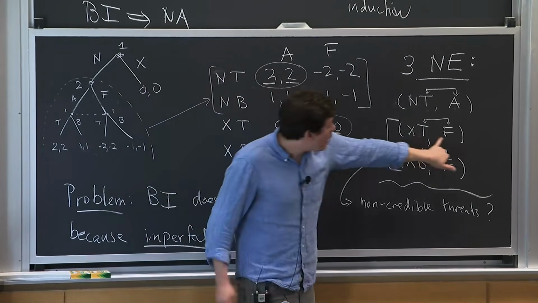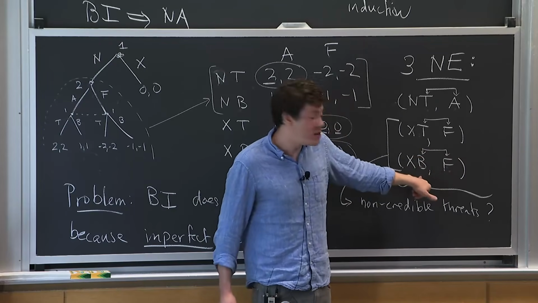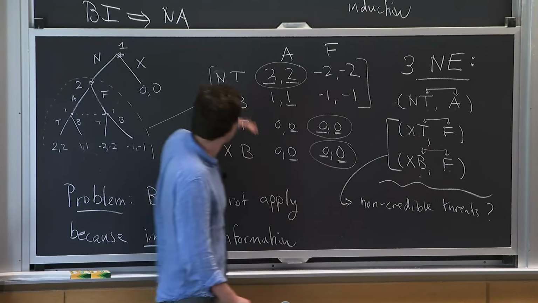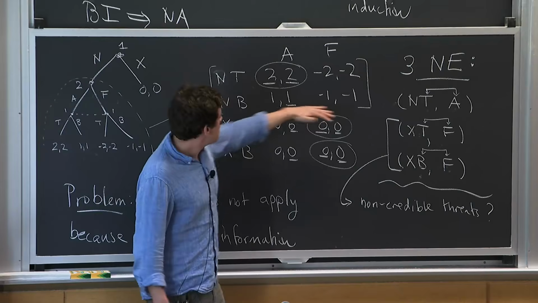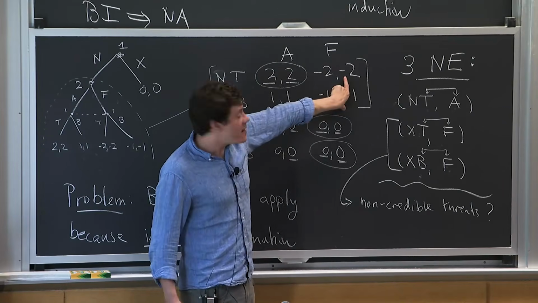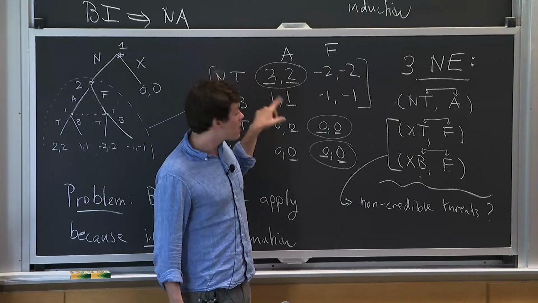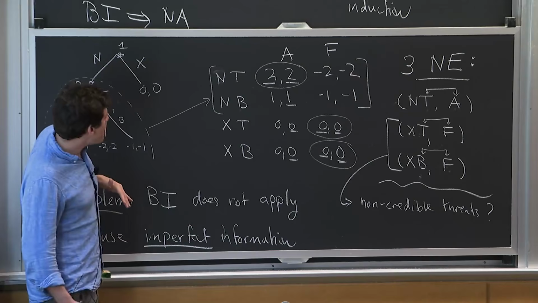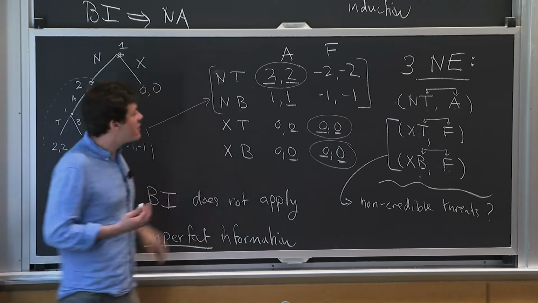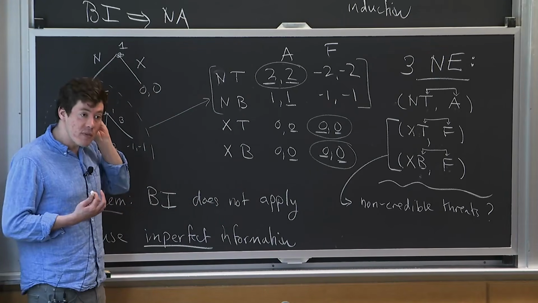But if we look at how people play in the subgame in any of these strategies, TF or BF, these will not actually be Nash equilibria of the subgame. And that's going to be kind of conceptually what violates our notion of subgame-perfect Nash equilibrium.